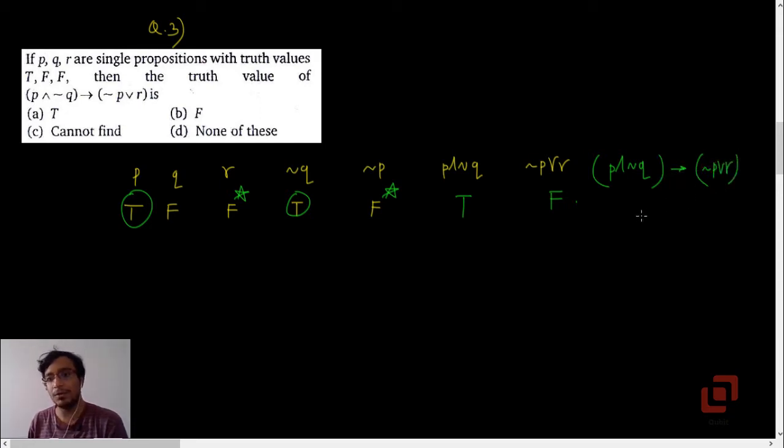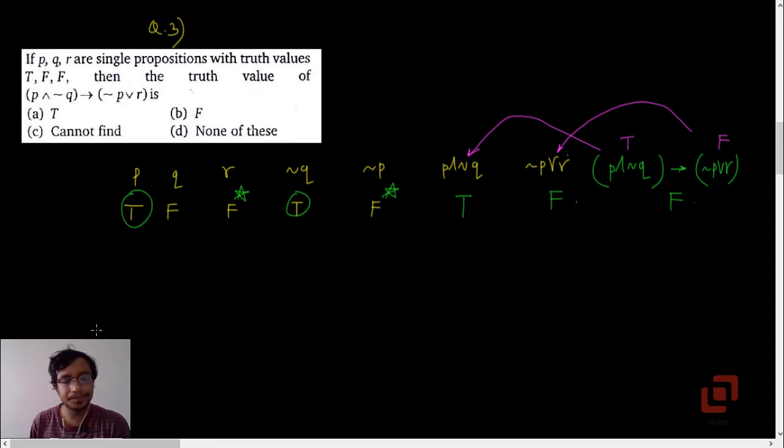So what must be the truth value of this conditional statement? It must be false, because the first proposition is true but the second proposition is false. We know that in a conditional statement P implies Q, whenever P is true but Q is false, the conditional is false. So what is the truth value? False, or B. That is question 3.